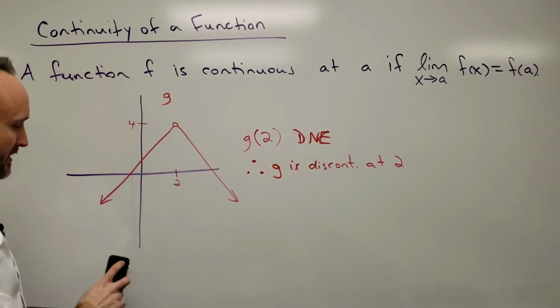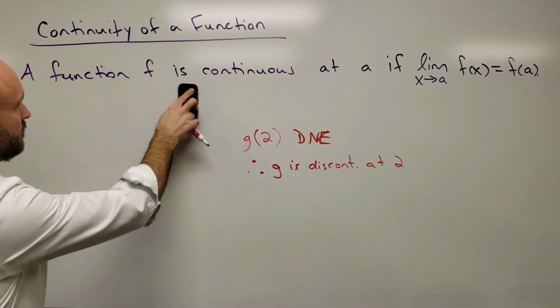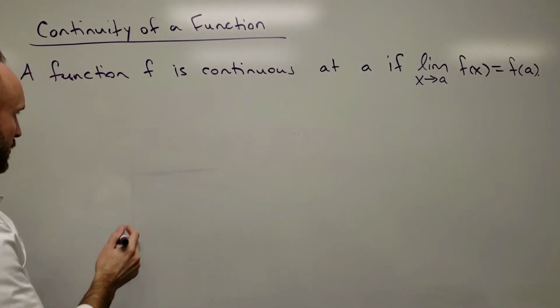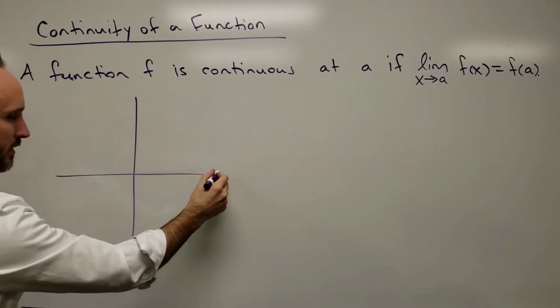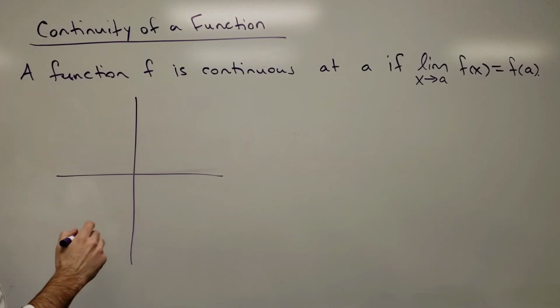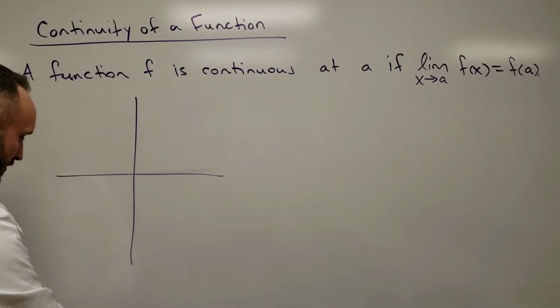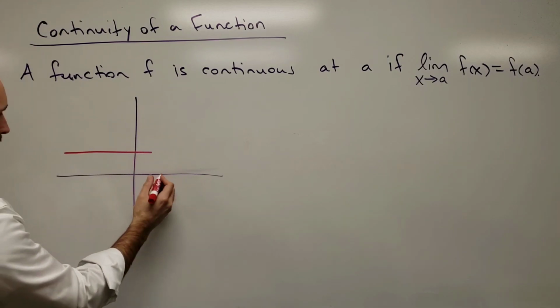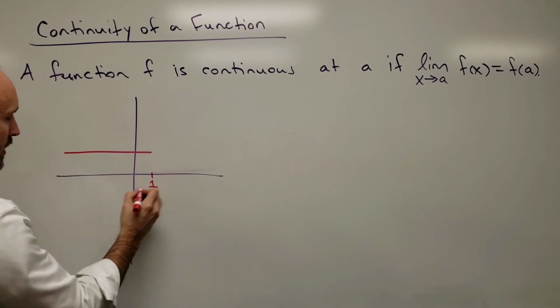Let's look at another example. I could have reused that graph, but let me come up with something slightly different. Let's say we have this sort of piecewise defined function that is a horizontal line until it reaches the x value of 1.